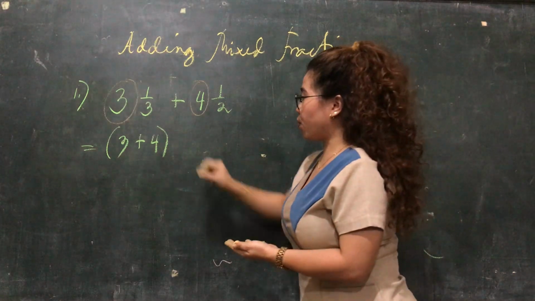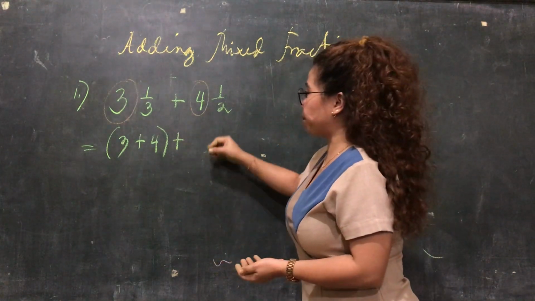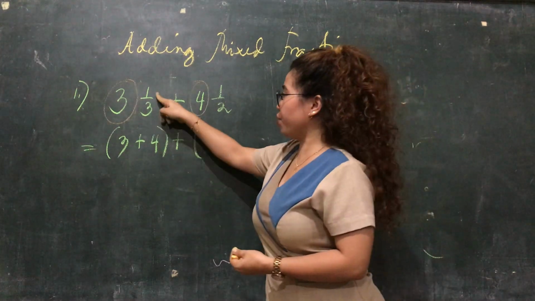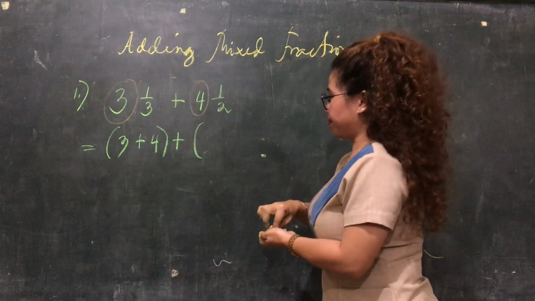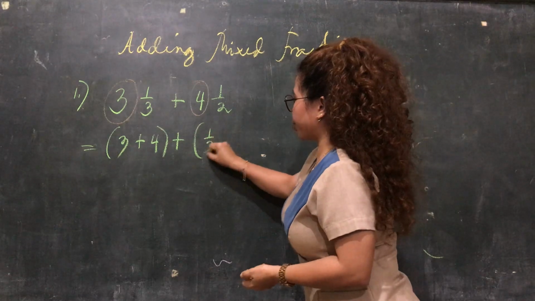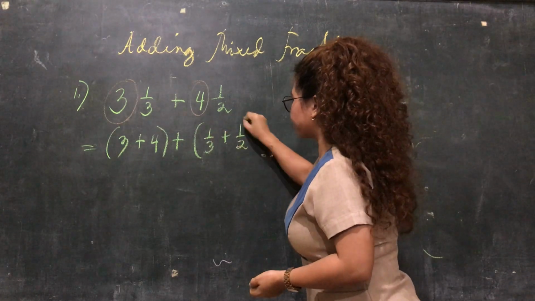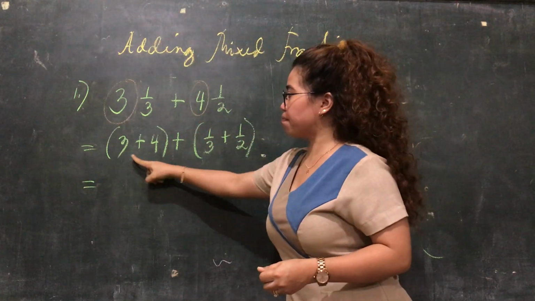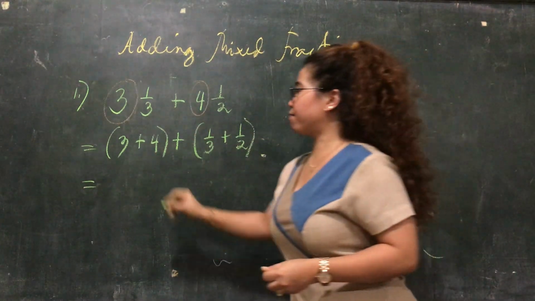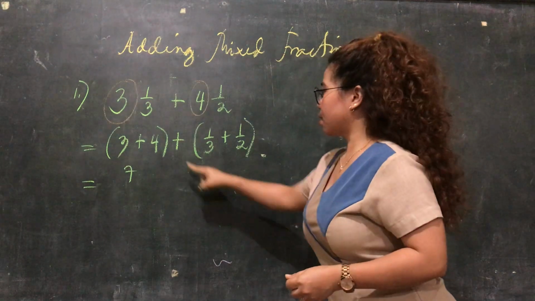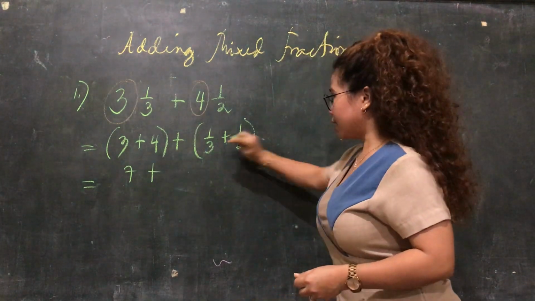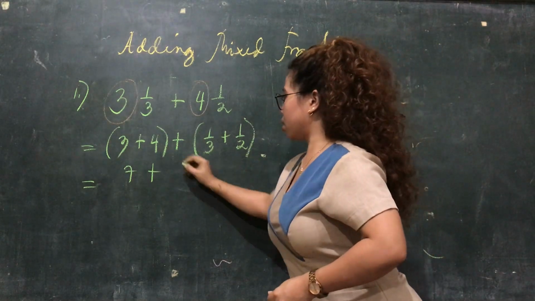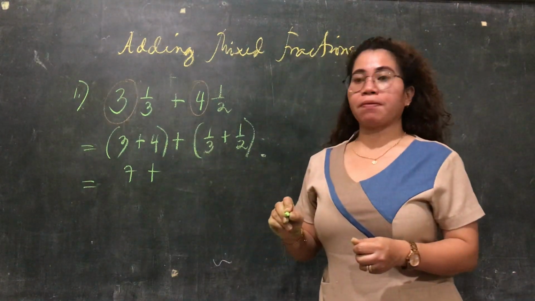After magrupo, i-add na nato ang puro fractions, 1/3 plus 1/2. Next step, 3 plus 4, you have 7. Copy ang plus. Dire na ta mag-solve sa mga fractions. Pwede ra ikulong, pwede ra dili.